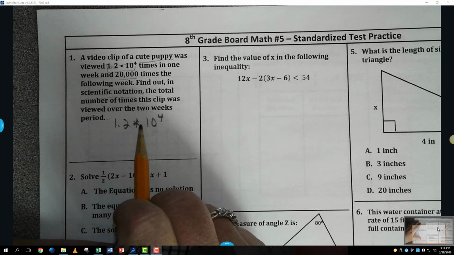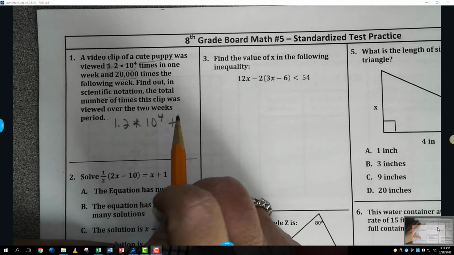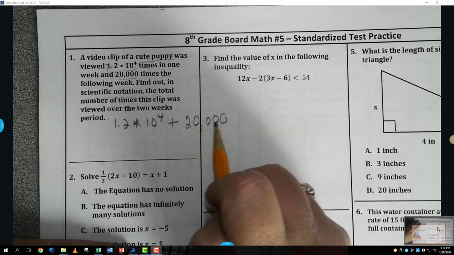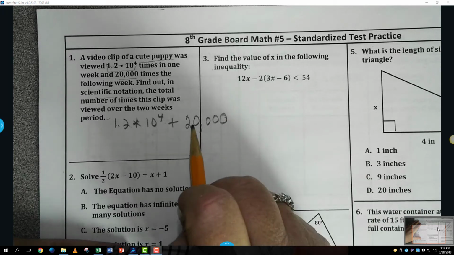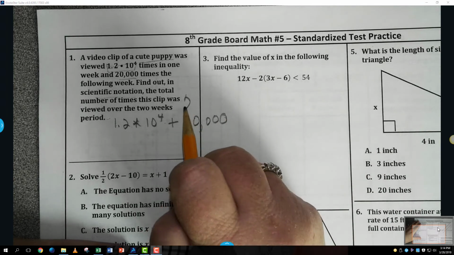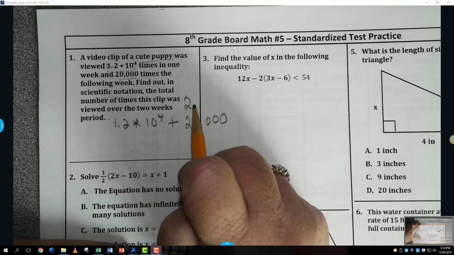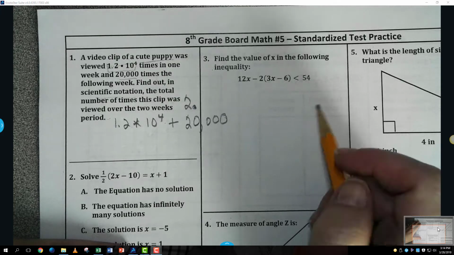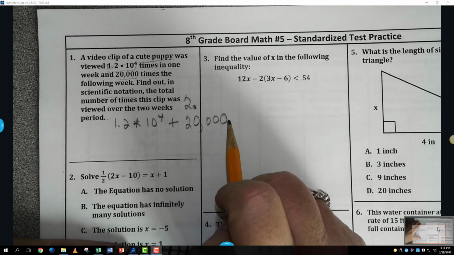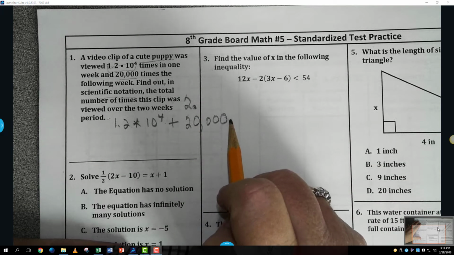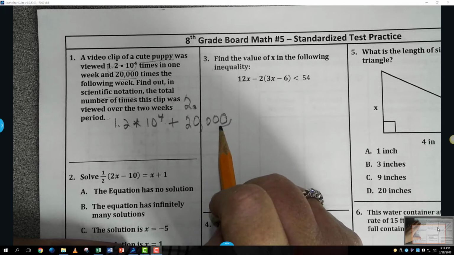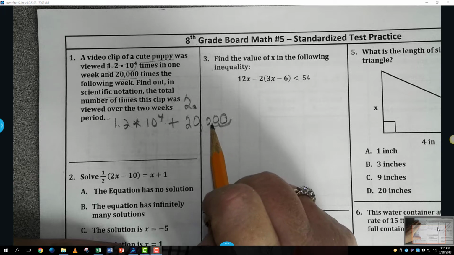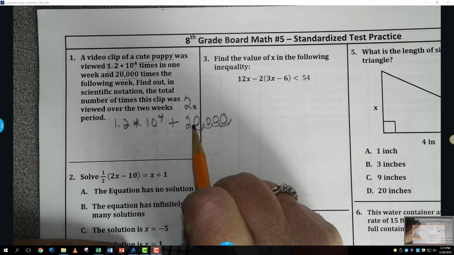So I have 1.2 times 10 to the 4th, and I'm adding to it 20,000. Except this is not in scientific notation. So to change this into scientific notation, I need to put a decimal place after the first digit. And to change this, I have to move the decimal 1, 2, 3, 4 places.